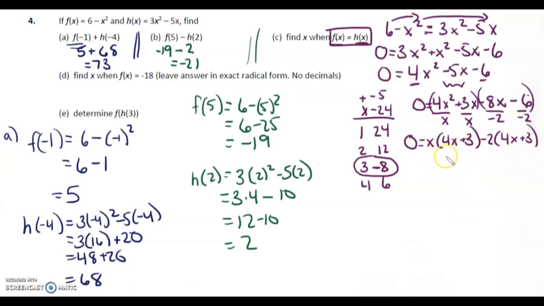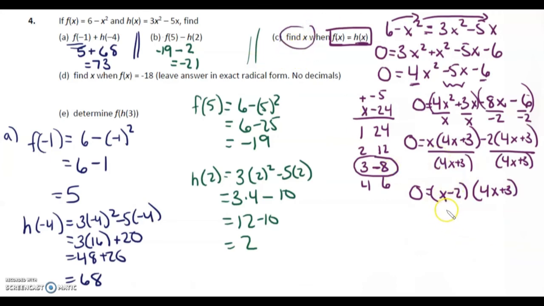Okay, now we have 2 terms here. What can we factor out of both of these? We have 4x plus 3. Okay, so we have 0 equals x minus 2, 4x plus 3. So in our original question, it says to actually find x. So after factoring, we have to set each of these equal to 0.